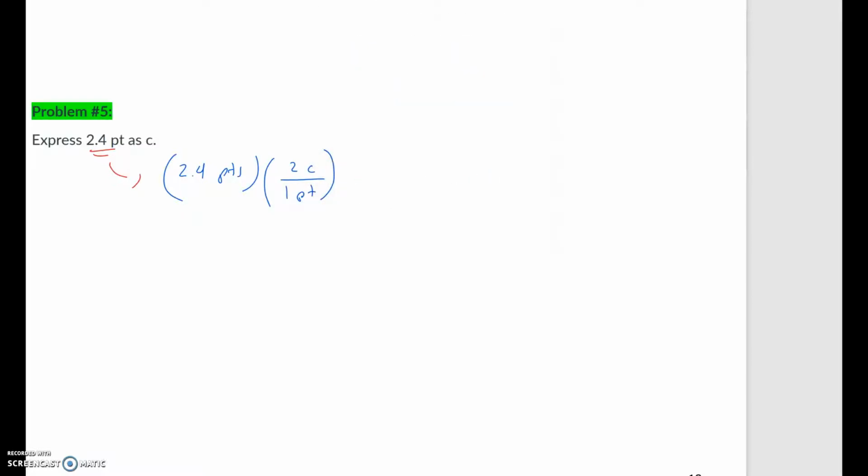And our units are going to cancel. Pints cancel, and we're left with the values of 2.4 times the values of 2, which is just going to be 4.8 cups. And then let me write it as 2.4 pints is equivalent to 4.8 C. Putting the abbreviation is fine.